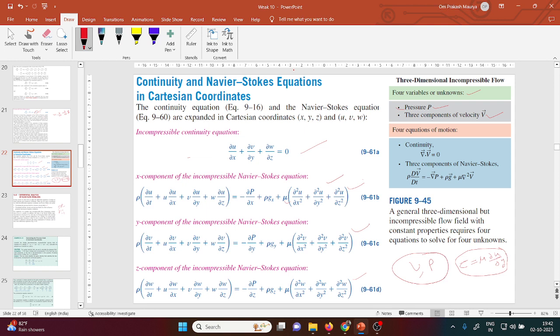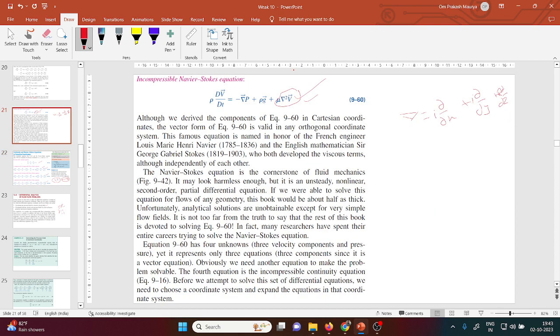No, sir, not clear, because still the mu is there in the equation, is it not? Until 9.61d also it is still there. It is not vanished. So probably somewhere we are neglecting mu in the equation. No, in the Navier-Stokes equation, mu is there.